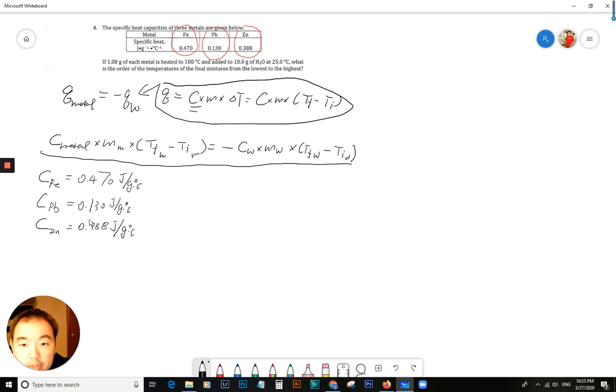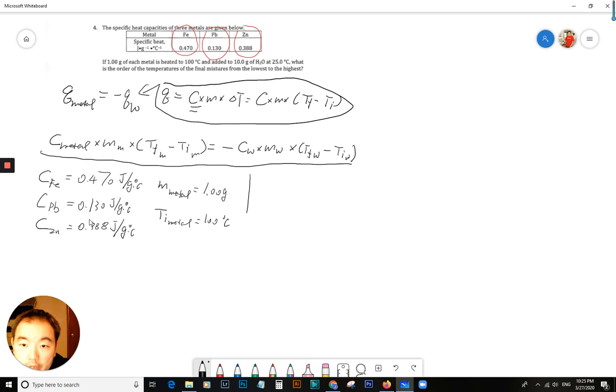And what else do we have? We have the mass of the metal. It doesn't matter whether it's iron, lead, or zinc. Those are all 1.00 gram. And we have the initial temperature of the metal. It doesn't matter which metal, it's always 100 Celsius.